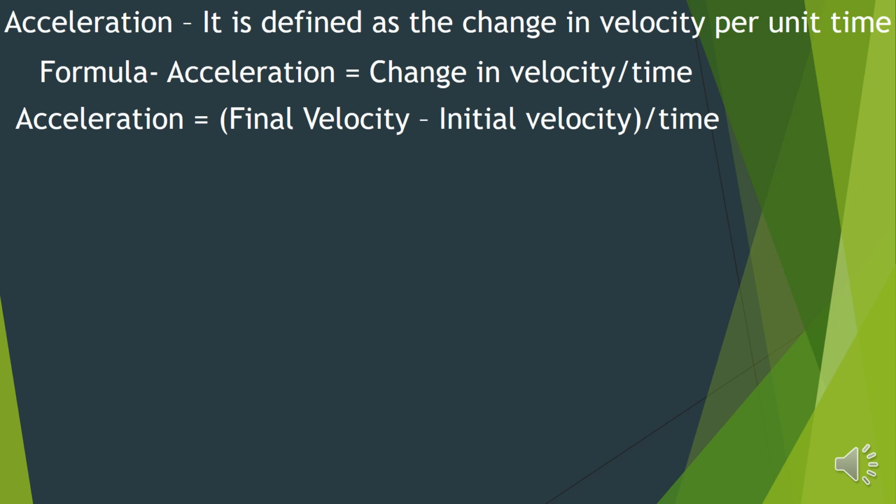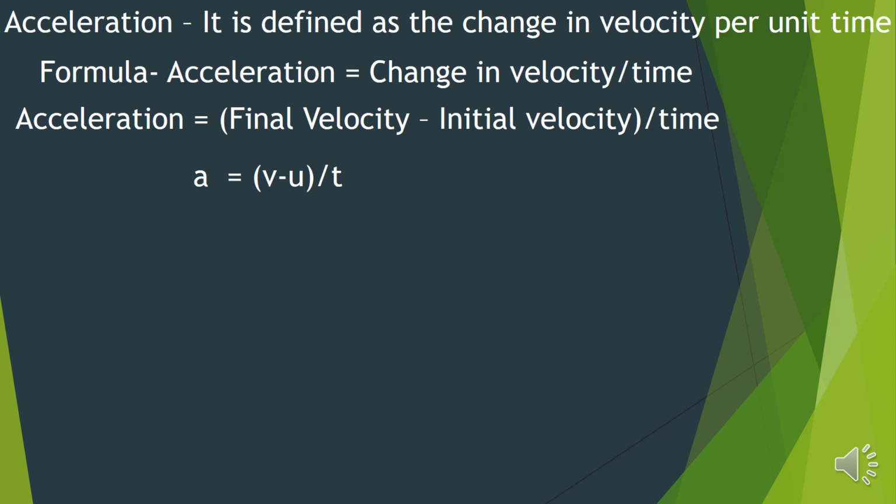So acceleration equals final velocity minus initial velocity by time. Mathematically, acceleration is denoted by small a, final velocity by small v, initial velocity by small u, and time by t.